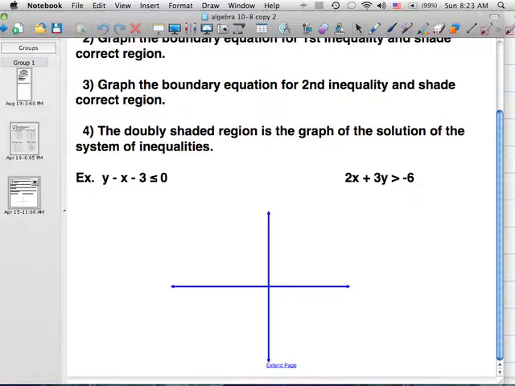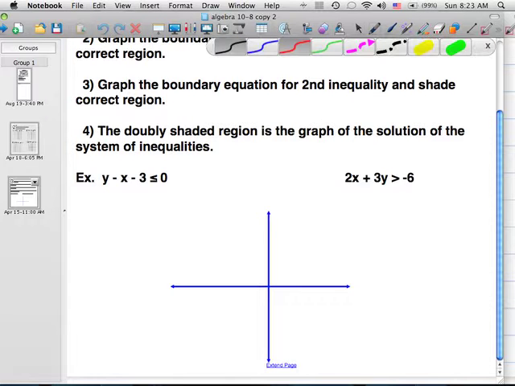So here we have a system of inequalities, and we're going to solve this one for y. So that means we move the x over, we'll add x so it becomes positive, and we add the 3. And we have less than or equal to. So our boundary equation is y equals x plus 3.